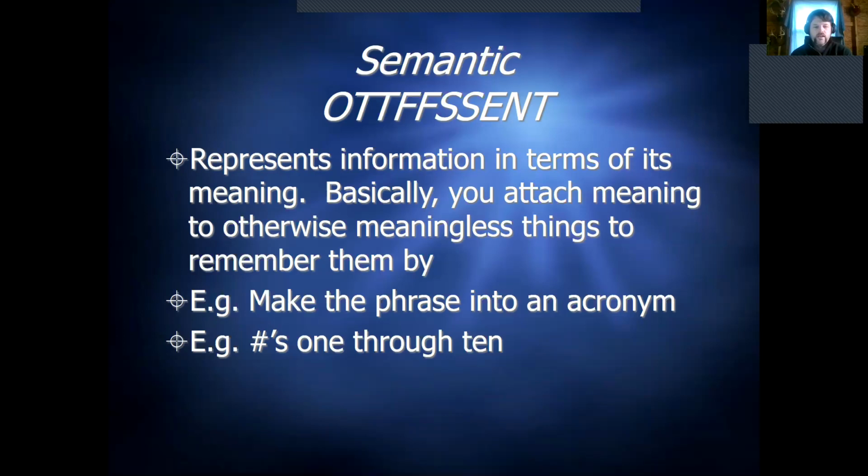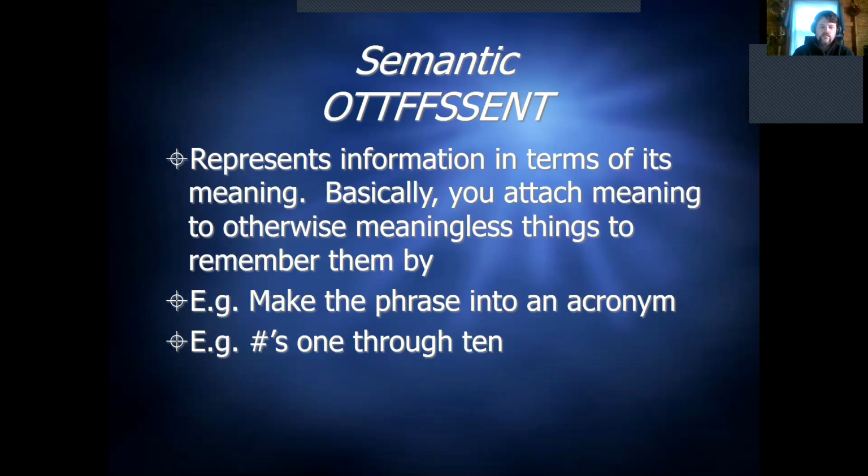Another one would be, King Philip came over from Greenland swimming. So you're attaching meaning to meaningless things to remember. In that case, kingdom, phylum, etc. The planets, right? There's a little ditty to remember the planets. These are all different ways of encoding information.